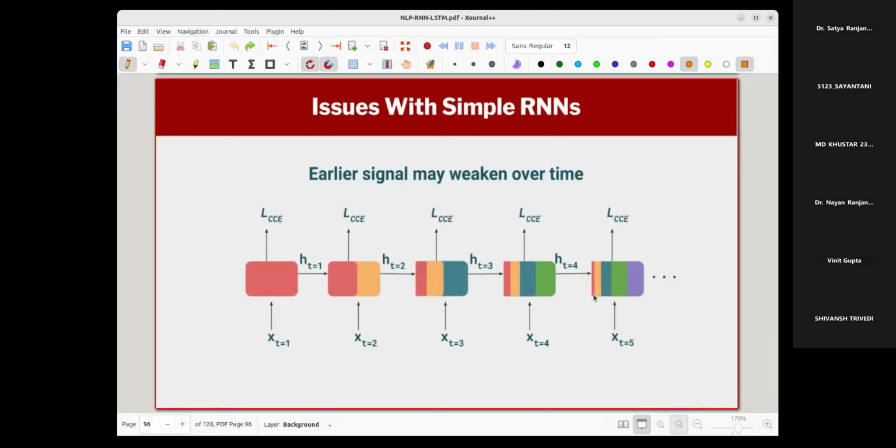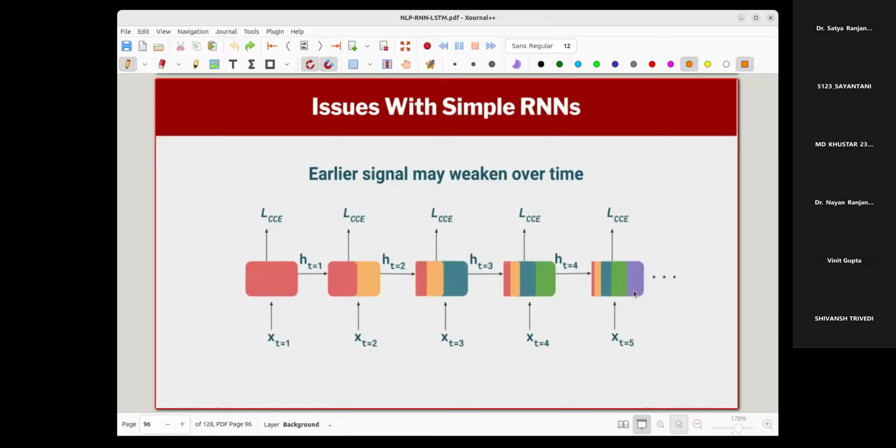If some word is dependent on an earlier word, as the information is very little here, the dependency cannot be captured. Earlier signals weaken over time because they are morphed; we are overwriting again and again. If the sequence is very long, at some point this red is not there, and very little information of the first word will be available. That creates a problem.